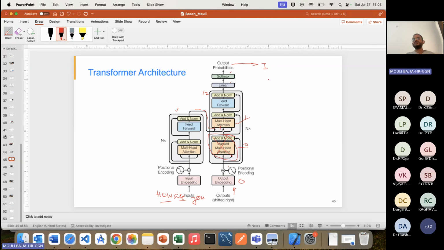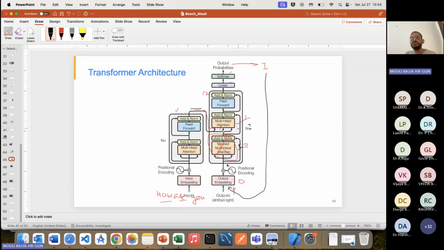Now what happens is this I then becomes an input here. I goes here, I gets processed here, whatever are the embeddings of I, and now I is added here with the past data, how are you.